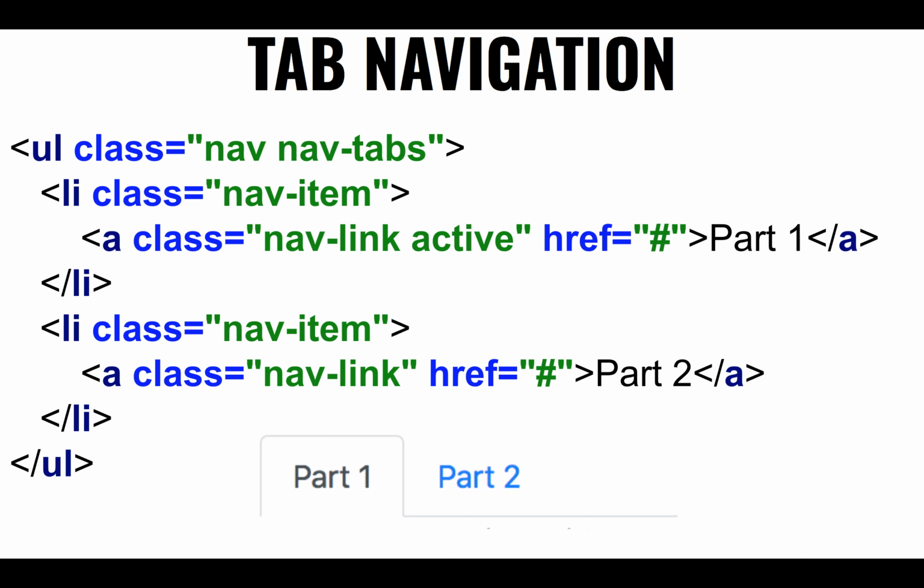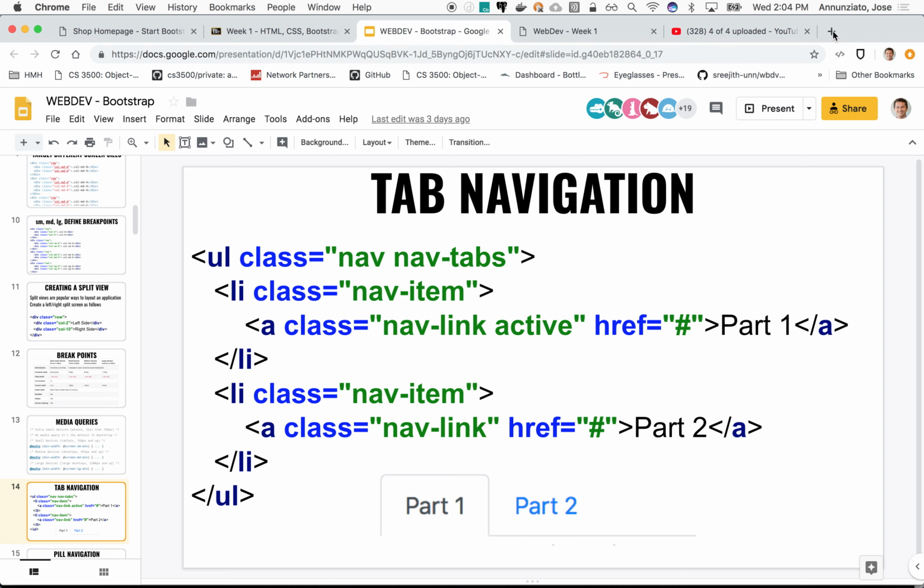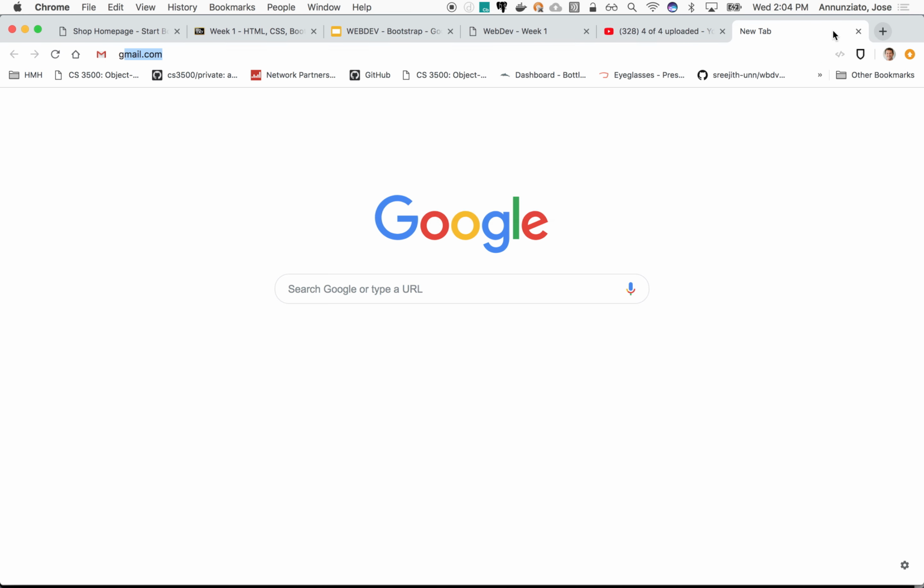Also in the assignments, you're asked to implement quite a few navigational mechanisms that allow you to navigate from one place to another. And Bootstrap has tons and tons of these widgets that are already created for you, and we encourage you to reuse them as much as possible. You can navigate through their documentation and look at what's already available to you.